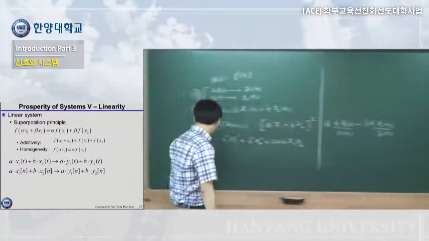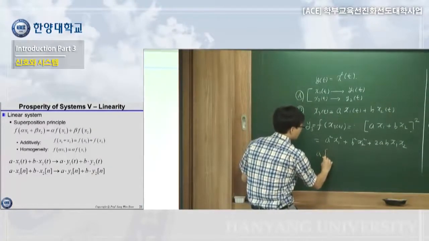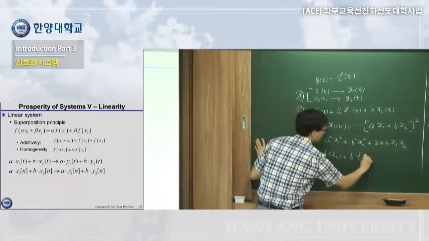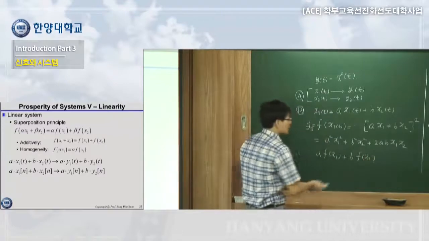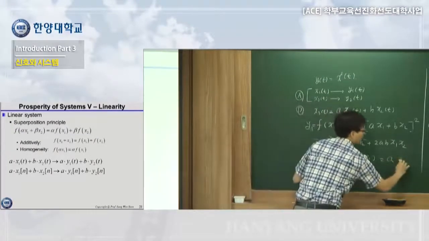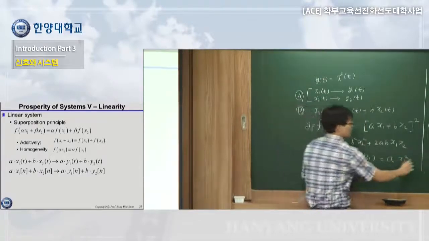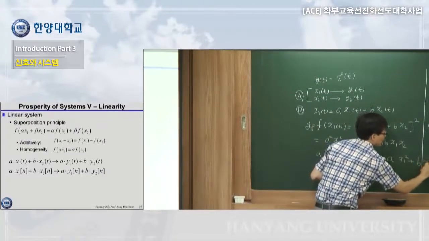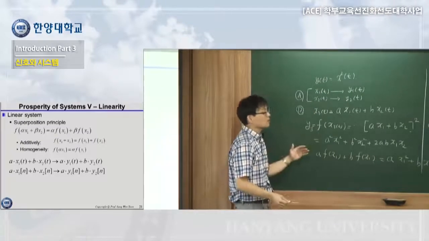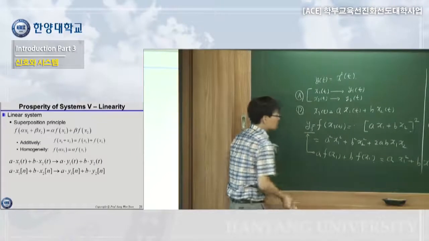Ideally what we want here is A times the function of x1 plus B times the function of x2. A times the function of x1 is A x1 squared. B times the function of x2 is B x2 squared. So to satisfy the superposition, this output should be the same as this.